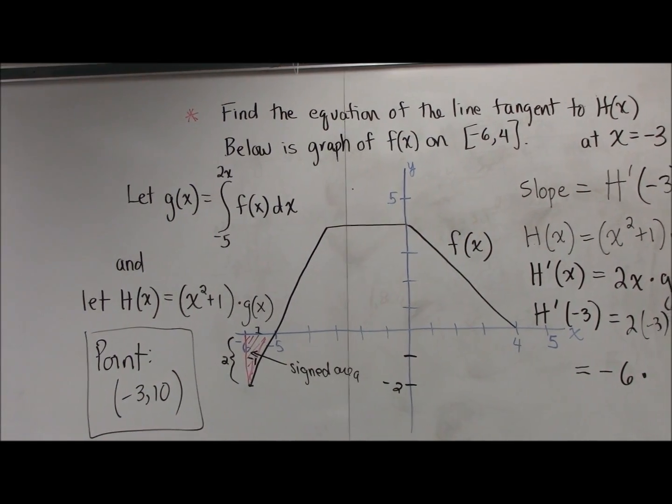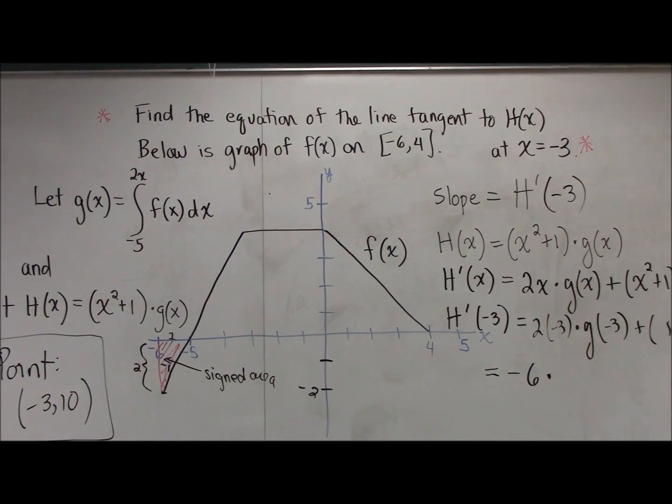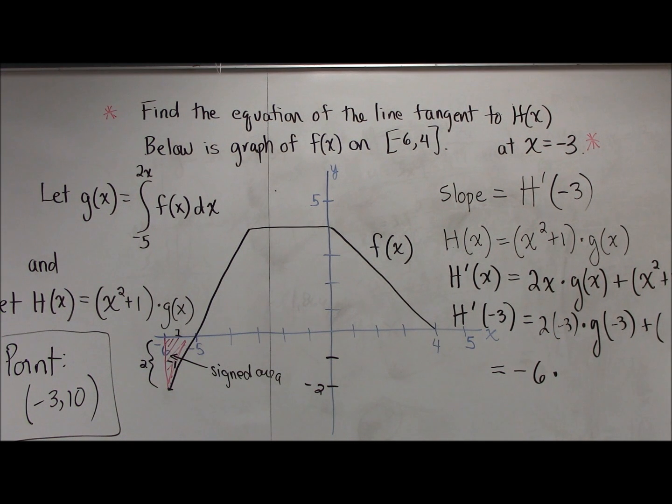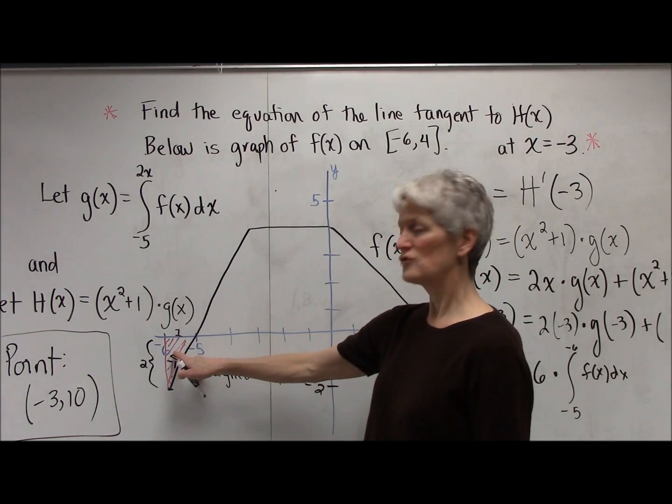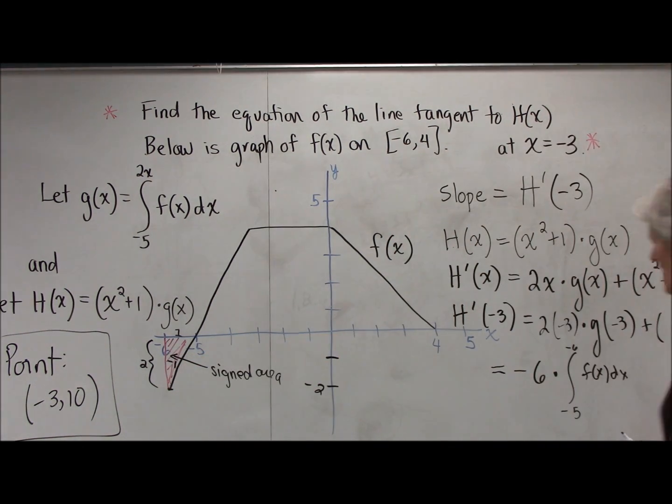So g of negative 3 is going to be, oh, heck, isn't that what I already found? And of course, I erased it. So let me rewrite that again: the integral from negative 5 to negative 6 of f of x dx. Hey, that was this little triangle here, and we decided that that was 1. So I already found that. That's kind of nice. Plus 10 times the derivative of g at negative 3.